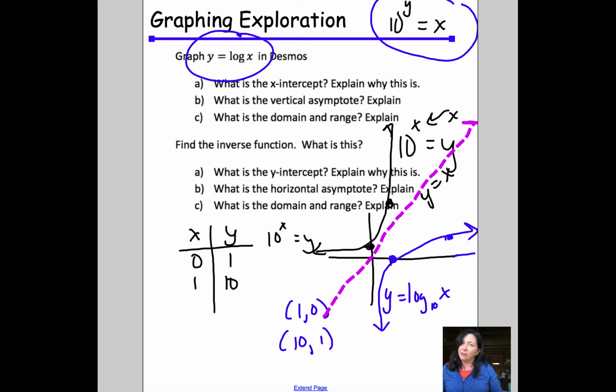We have asymptotes. The asymptote for a log is x equals 0, while the asymptote for an exponential equation is y equals 0. And that's my asymptote. Okay?